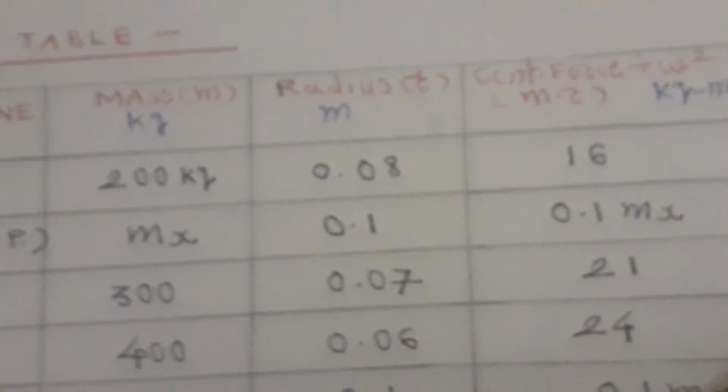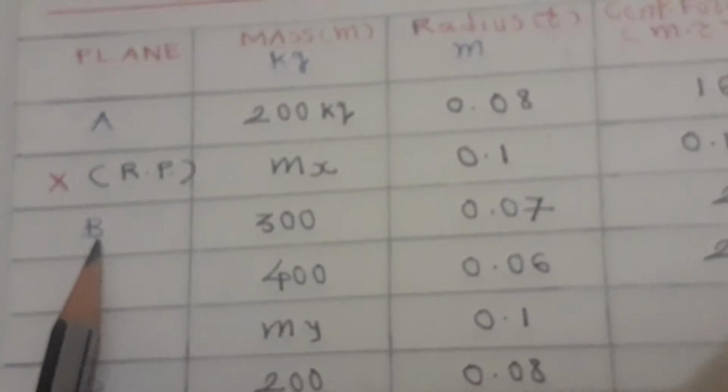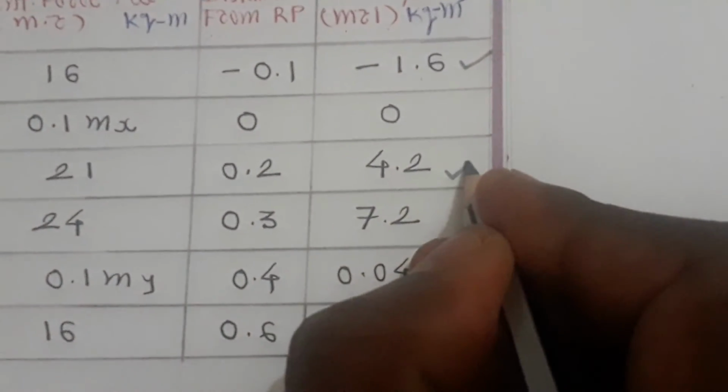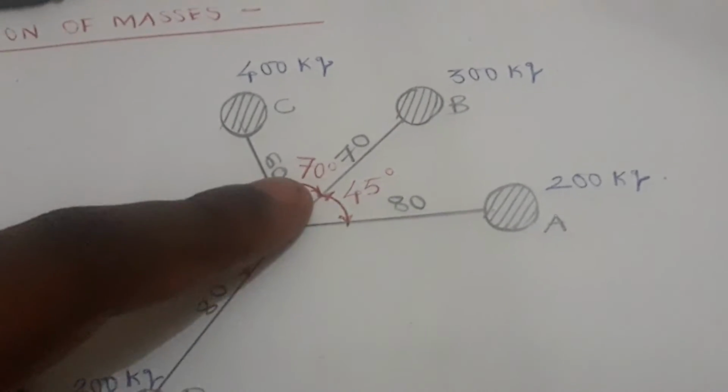Okay, now from this we can move towards the plane B, and the magnitude is 4.2. The direction is from the angular position of masses, so it is at 45 degree.